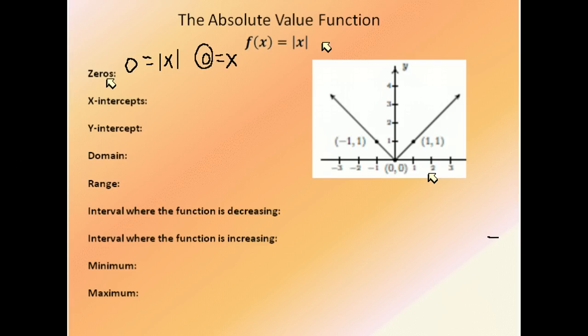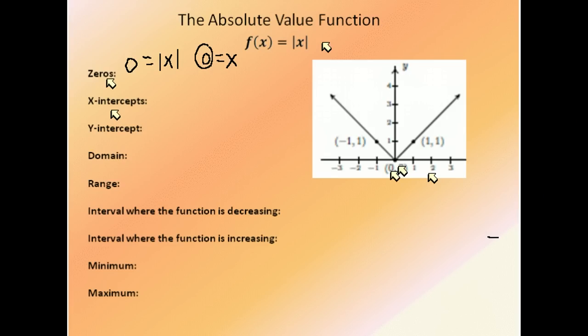Okay, the x values where you have your x-intercept, those are also considered zeros. That's the x-coordinate of your x-intercept is your 0. X-intercepts, what are intercept means to come in contact with. X means the x-axis. So this is the point or points where the graph of the function touches the x-axis.